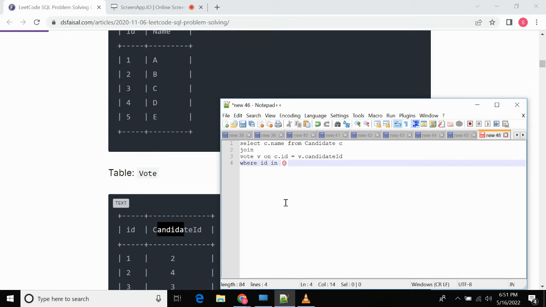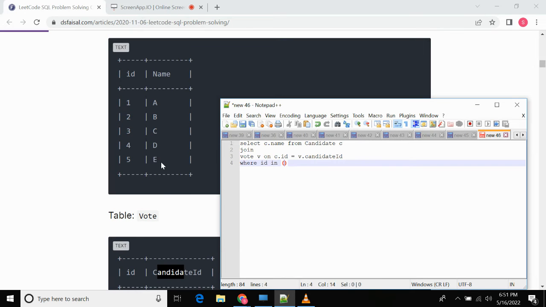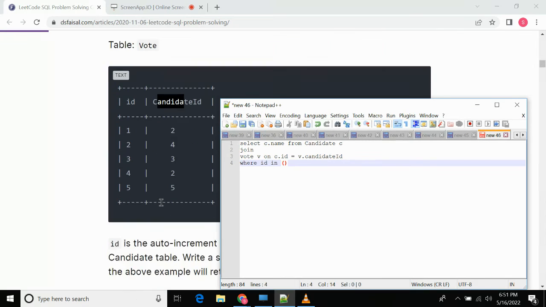Now we have to write our actual logic here to find out the candidate ID who has got the maximum number of occurrences in this voting table, right? So just write select candidate ID from vote.